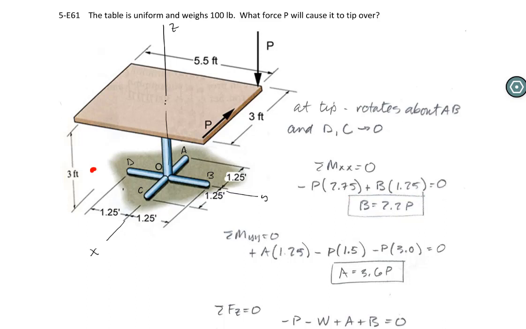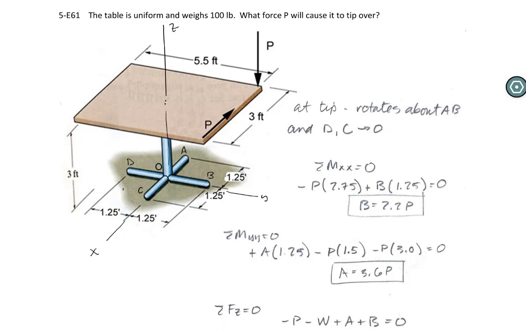How about we sum the moments about the y-axis? In this case, the P does try to rotate about the y-axis, in this direction. The lever arm is half of 3, and that's going to be in the negative direction, so P times 1.5.